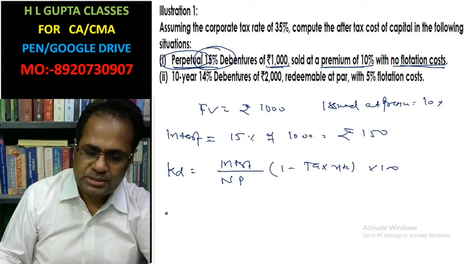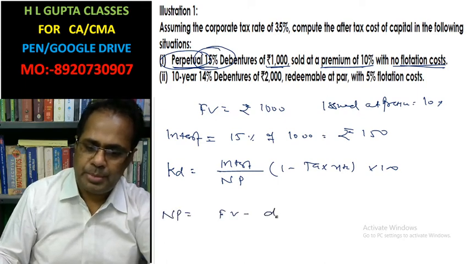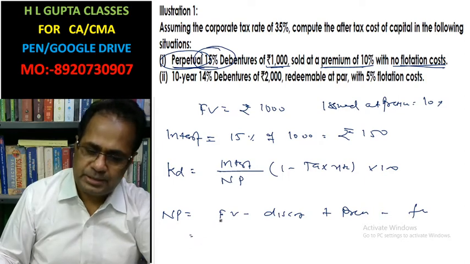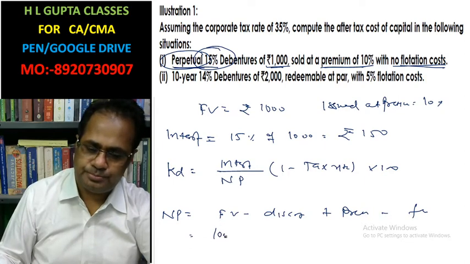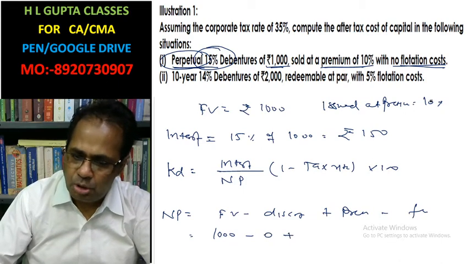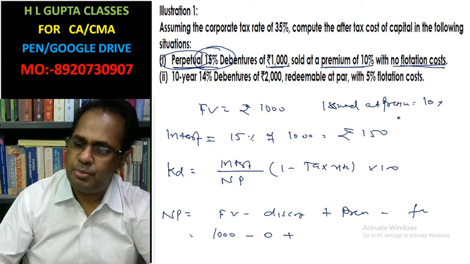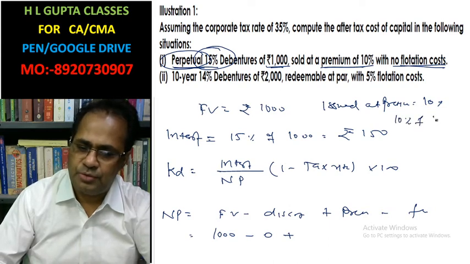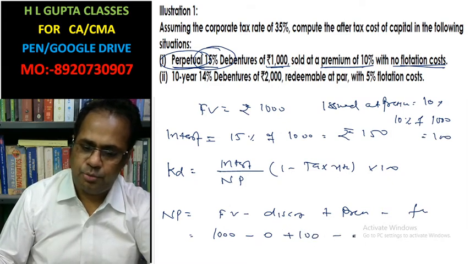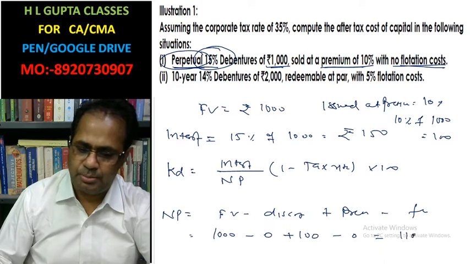In this case, net proceed equals face value minus discount plus premium minus floating cost. Face value is 1000, no discount. Premium is always calculated on face value, so 10% of 1000 is 100. No floating cost. So net proceed is 1100.